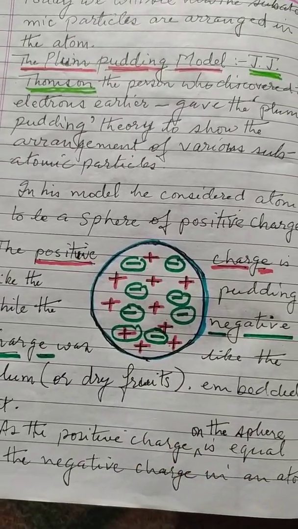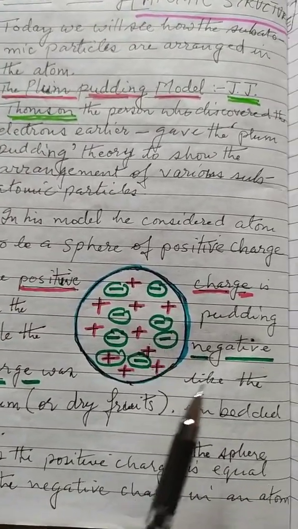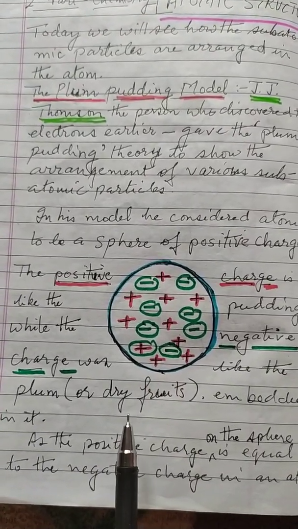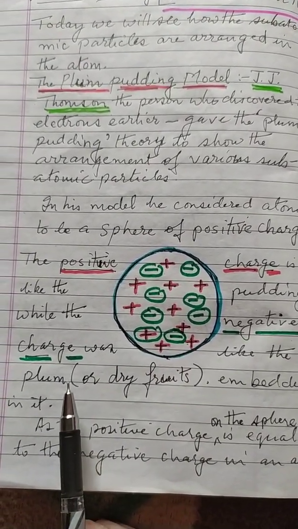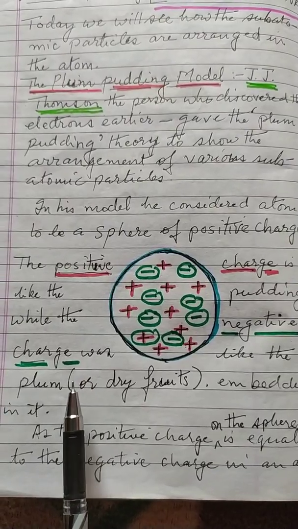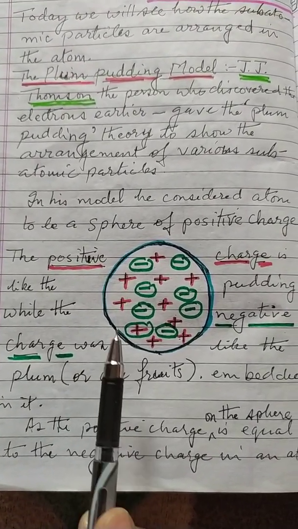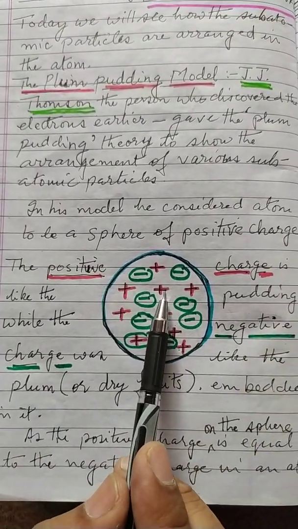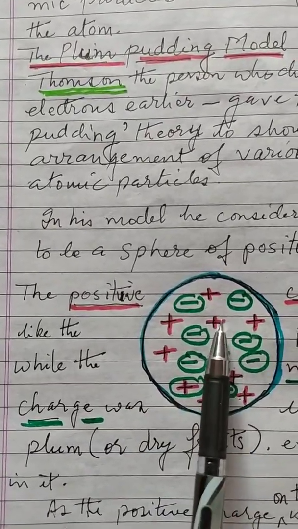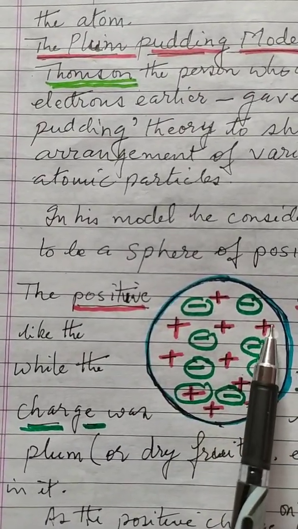And we see here that the positive charges represent the pudding, or the kheer, in an atom.